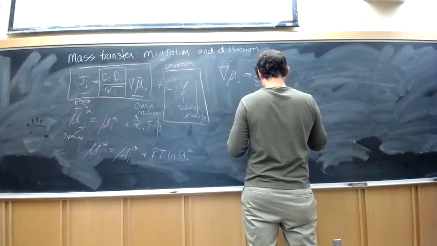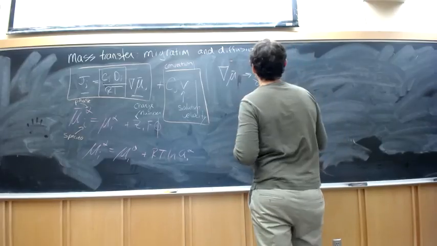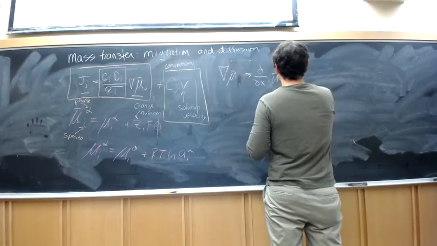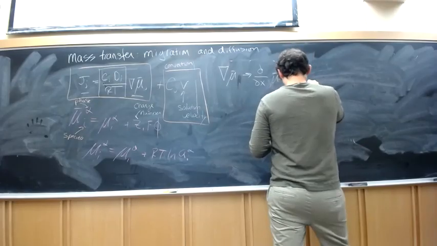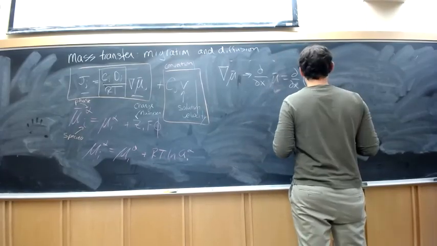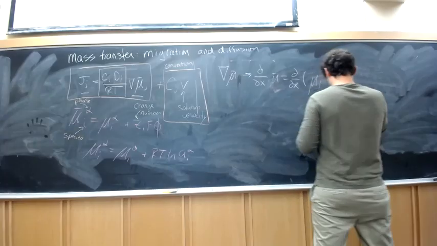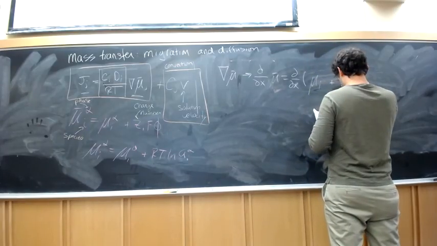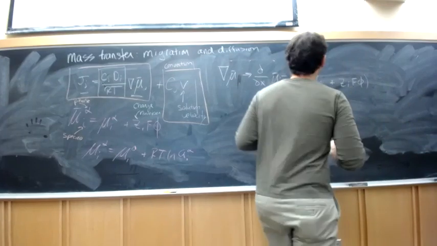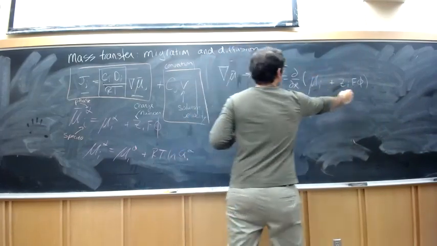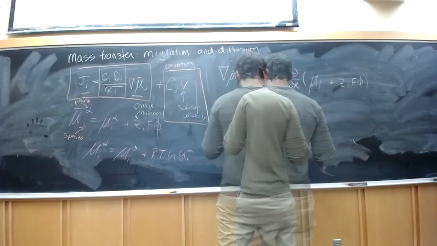Mu bar, I'll just drop the j, so it just won't be so specific. And that's going to be equal to d/dx of mu i plus z_i F phi. I guess I'm going to keep the i's in there. So that's the definition of electrochemical potential.